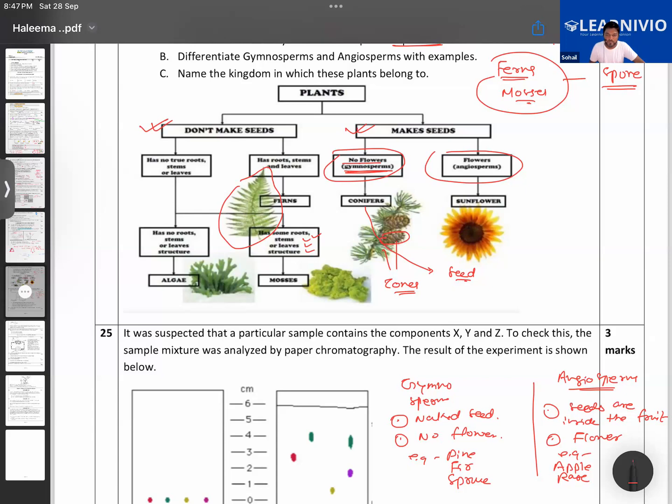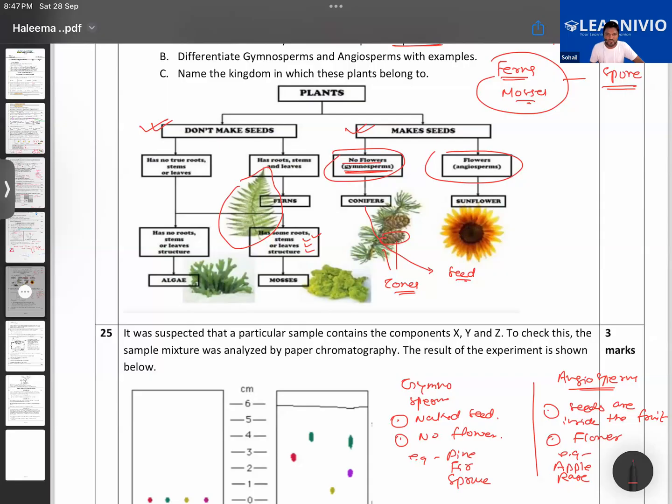Exactly. Examples of gymnosperms are pine, spruce, and fir. Angiosperm examples are apple, rose, sunflower. Okay, very good.